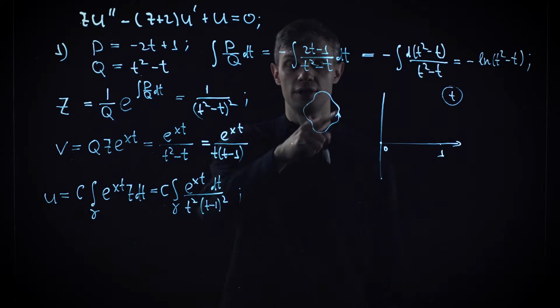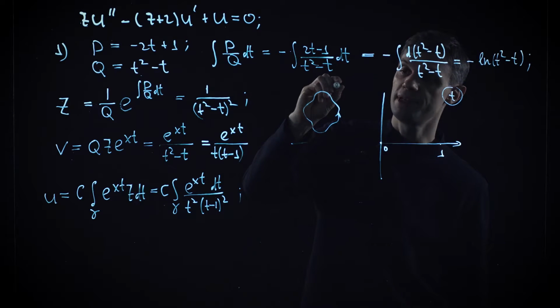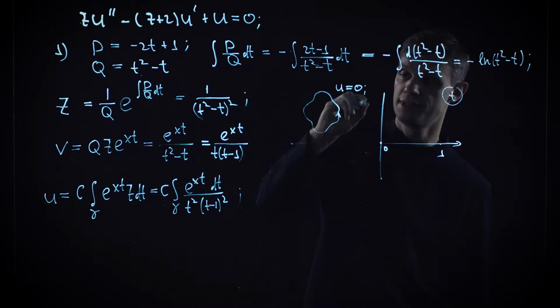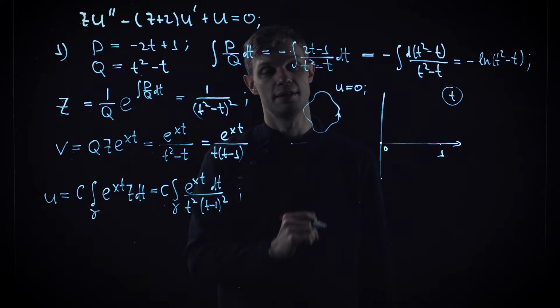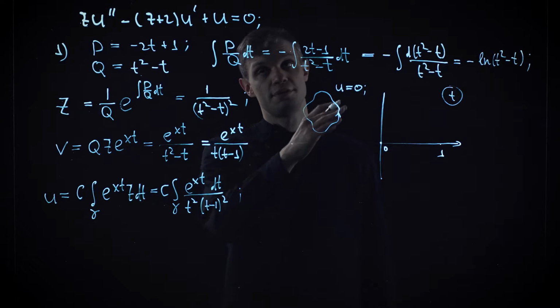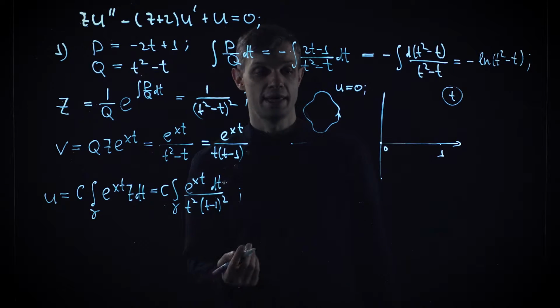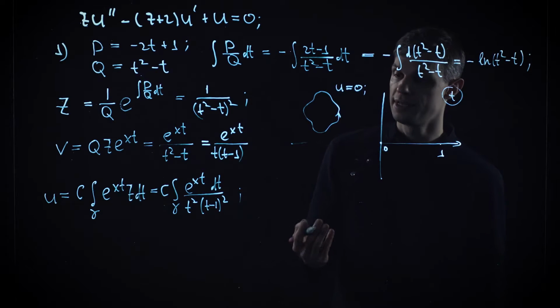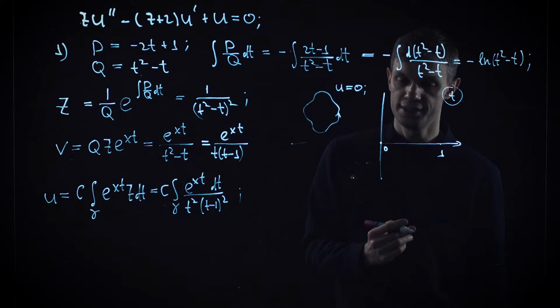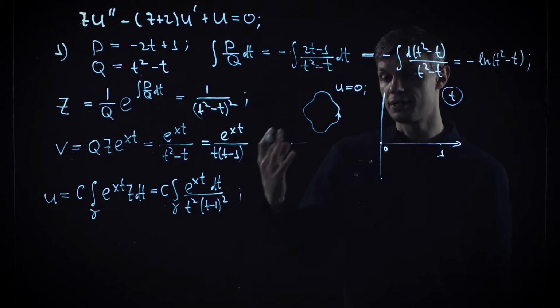And that means that the closed loop integral will simply give us 0. It's an integral of an analytical function inside the closed contour. u equal to 0, of course, is the solution of this differential equation, but it is of no interest to us.